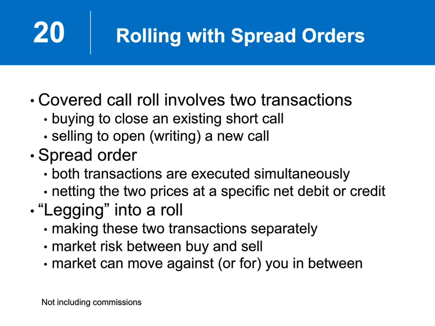And the other consideration is, do I roll out as well? And that just depends on the individual circumstance. But you've got two choices. You can do the spread order, which is what I prefer, but then you've got the whole idea of legging into the roll too, where you may buy the one side and then sell the other one a little bit later, or vice versa.